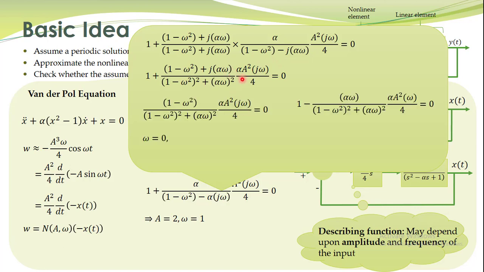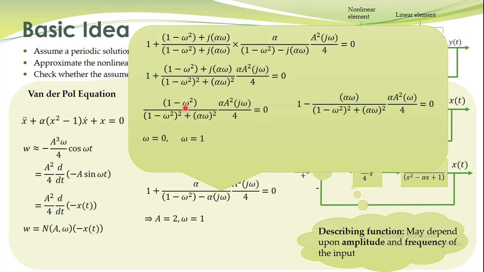You split this equation into two parts, this is the real part of the equation, and this is the imaginary part of the equation, and from this part what you get is omega equal to 0 is one solution, and omega equal to 1 is the second solution to this part. If you substitute omega equal to 0, this right hand side comes out to be equal to 0.